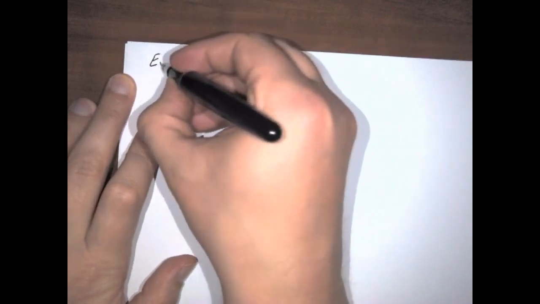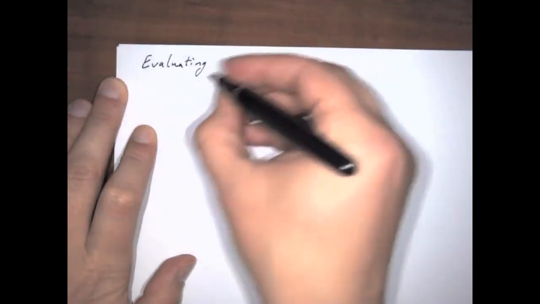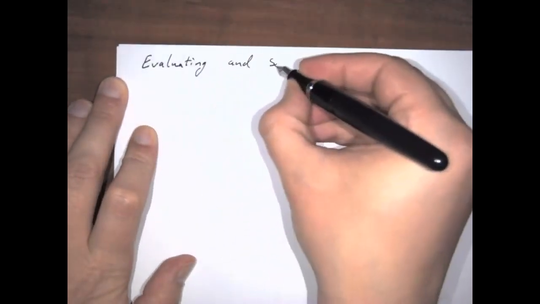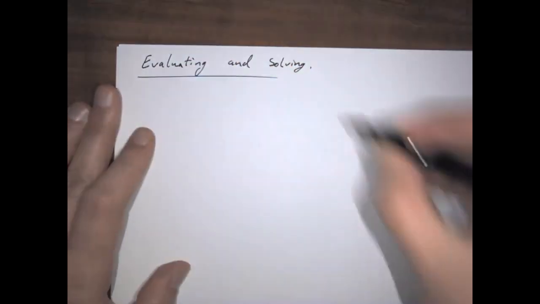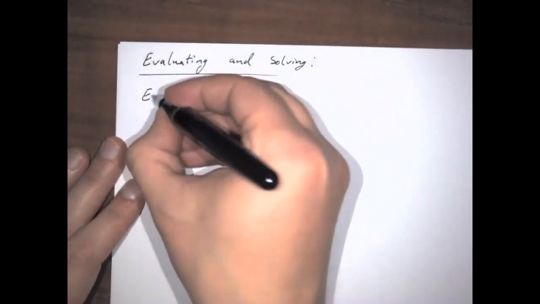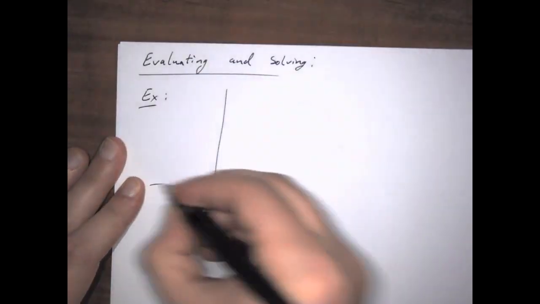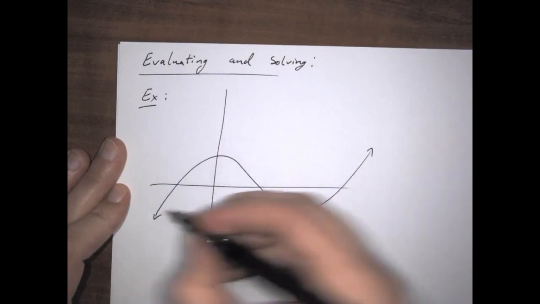Now, the two sides of the same function coin are still in effect for graphs: evaluating and solving. So as an example, we'll just draw ourselves a nice big swoopy function that goes like that.